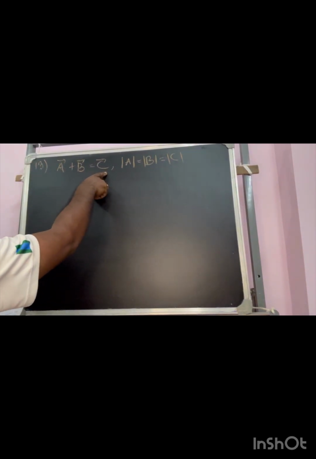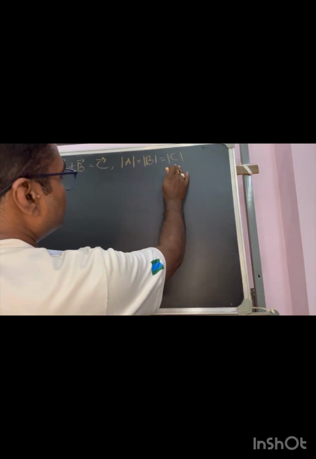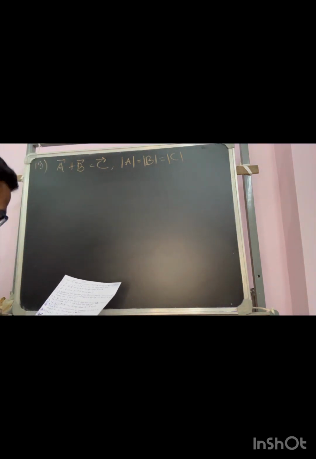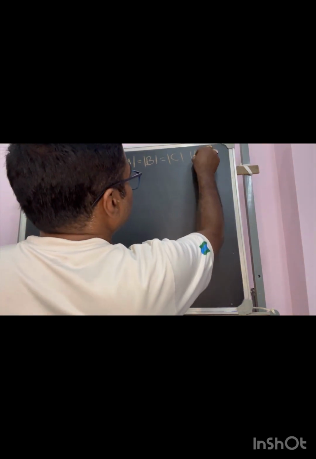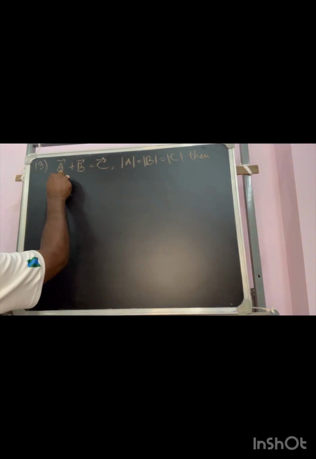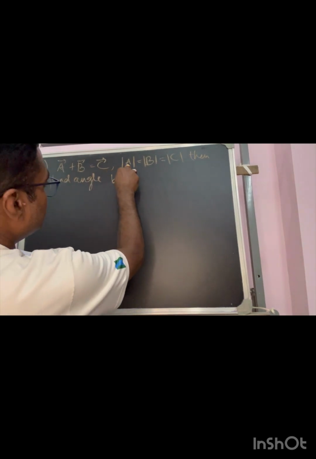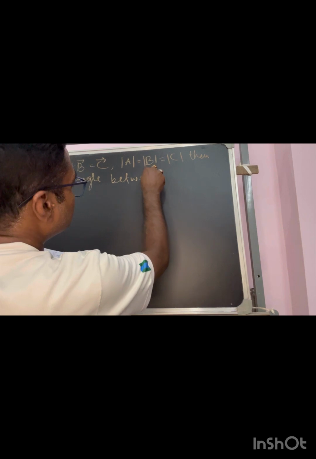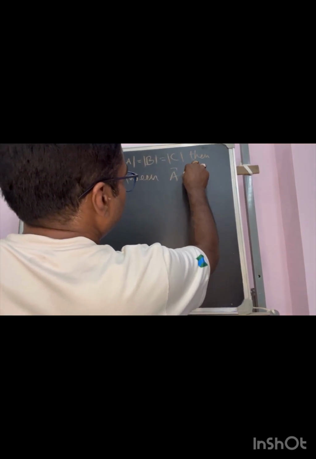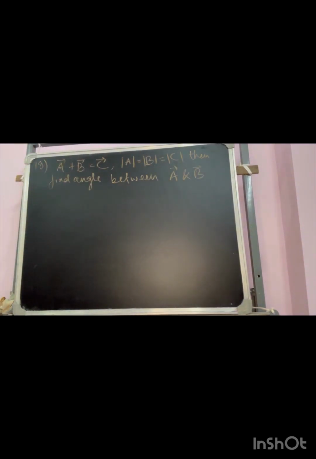If A plus B is equal to C, that means C is the resultant of A plus B, but magnitude wise C is same as A and B. Then find the angle between vector A and vector B.